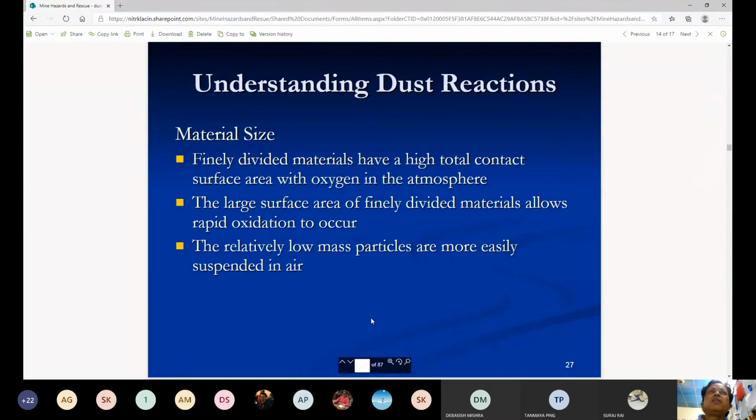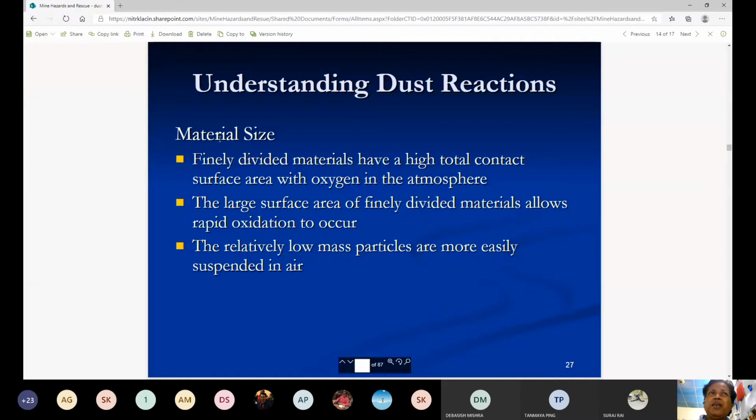First is the material size, the size of the coal dust. Finely divided materials have a high total contact surface area with oxygen in the atmosphere. This large surface area allows rapid oxidation to occur. The relatively low mass particles are more easily suspended in air.